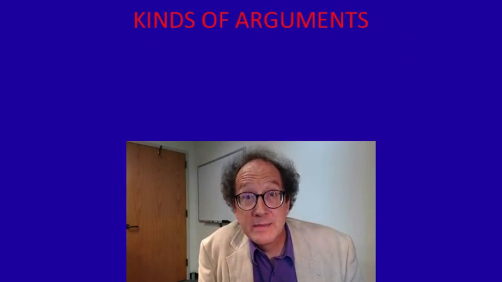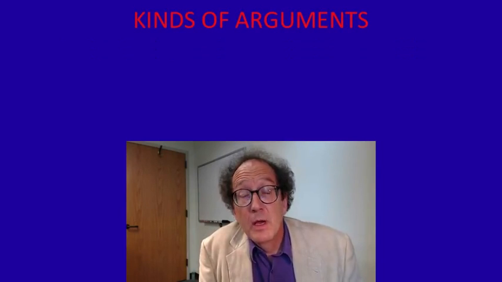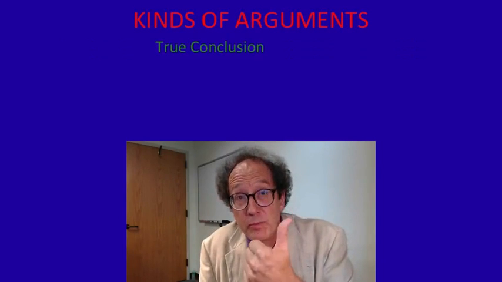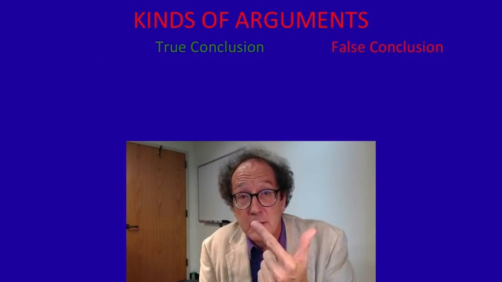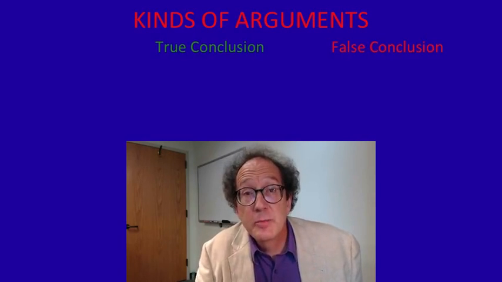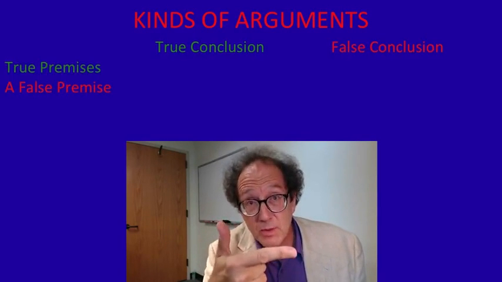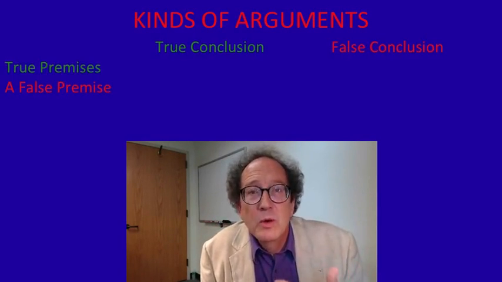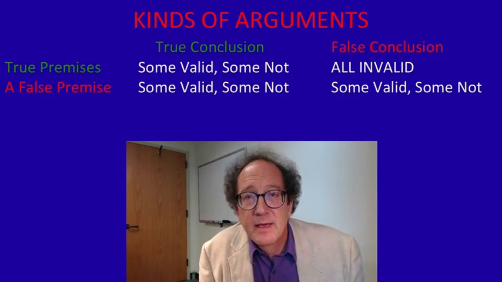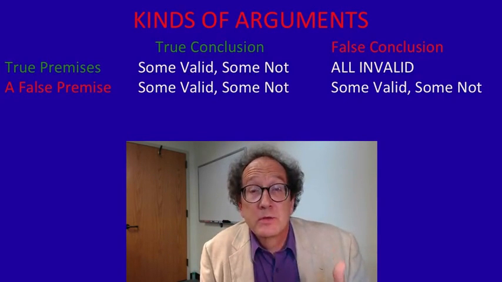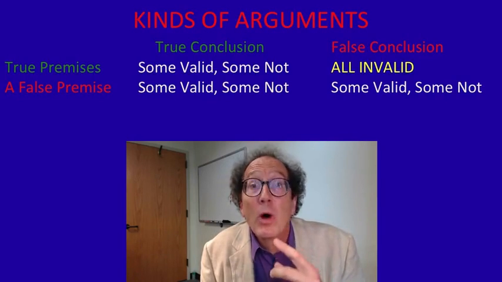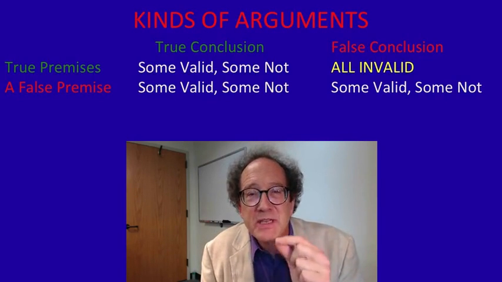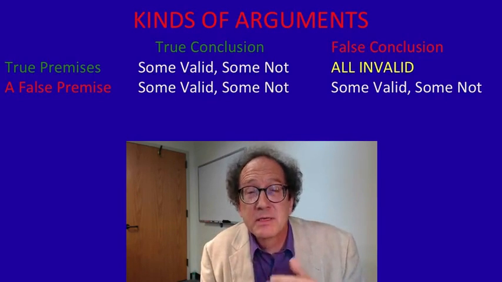Indeed, there are 4 possibilities, because remember, the conclusion could be true or false, and the premises could be all true or at least one false. So we've got 4 possibilities. And all of those are possible, except for one. The one combination that's not possible for valid arguments is true premises and a false conclusion.